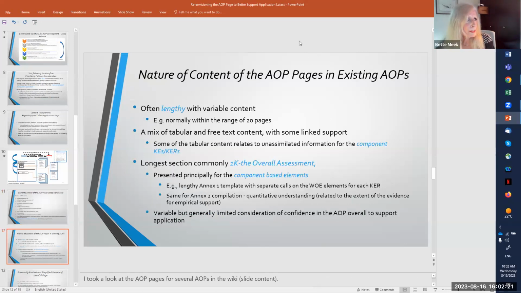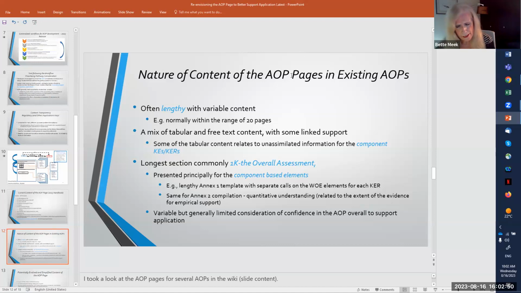And so I took a look at some of the nature of the content of the AOP pages in existing AOPs. They're often very lengthy with variable content. They're normally within the range of about 20 pages. They necessarily have a mix of tabular and free text entries with some linked supporting content, for example, for the key events, the key event relationships, the taxonomic applicability, and the stressors table.